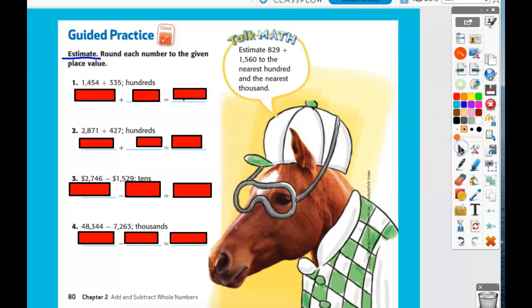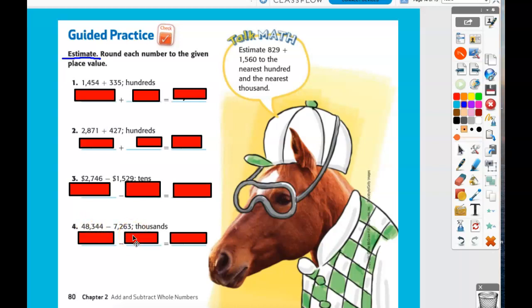So take a look at the first one, 1,454 plus 335, you're going to round to the hundreds. 2,871 plus 427, you're going to round to the hundreds. $2,746 minus $1,529, you're going to round to the tens. 48,344 minus 7,263, you're going to round to the thousands.